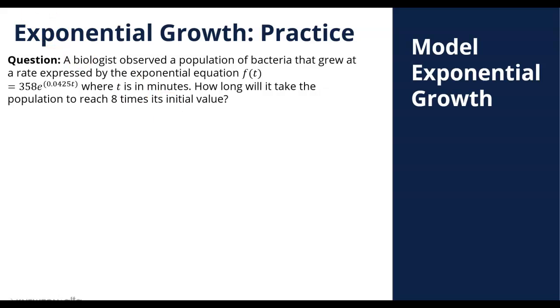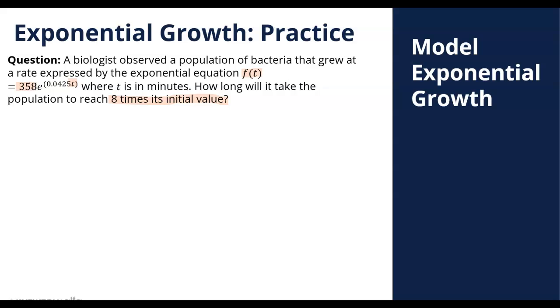So in this problem, we want to find the time for the population to reach 8 times its initial value. So that means that we are going to compute for t when this f of t is equal to 8 times the initial value of the bacteria.